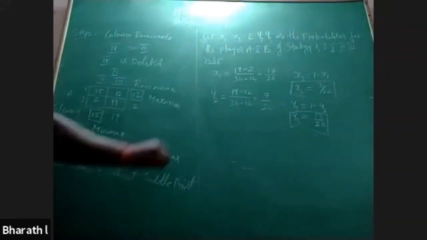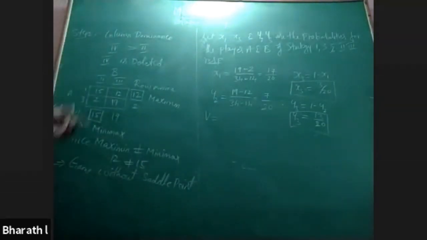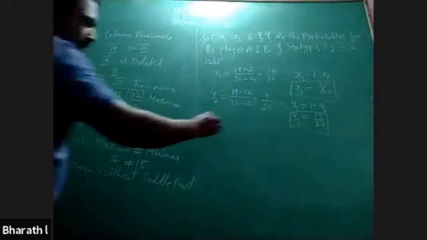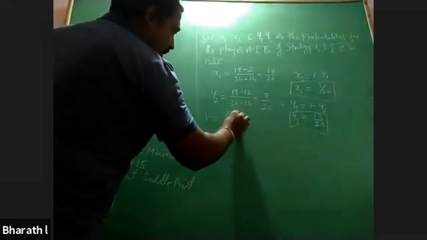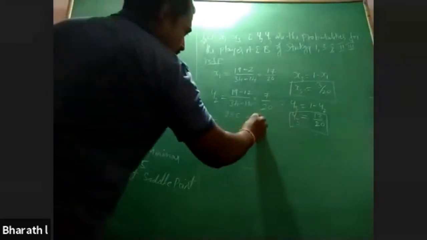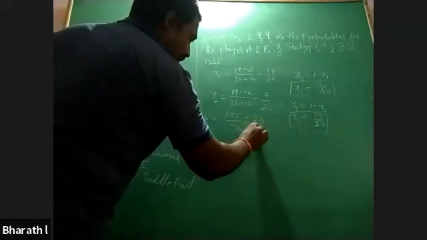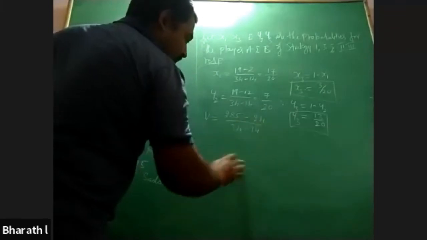The next value of the game is given by the diagonal elements. We need to multiply, that is 15 into 19, we will get 285, minus 2 into 12 is 24, all divided by the denominator, 34 minus 14.